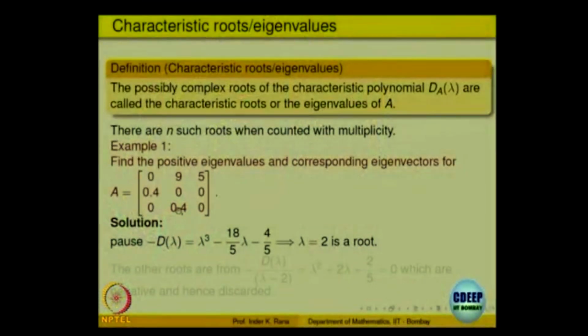So, let us look at this matrix. If you calculate its determinant, it is just an example to show you the computation, you get lambda equal to 2. How do you solve a cubic? Even for a 3 by 3 matrix, finding roots is not an easy job. There is no definite algorithm like for a quadratic.